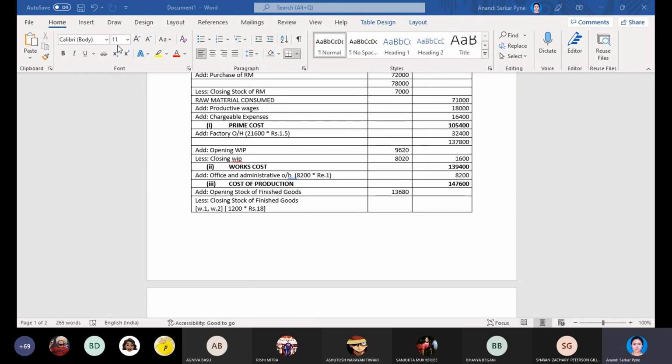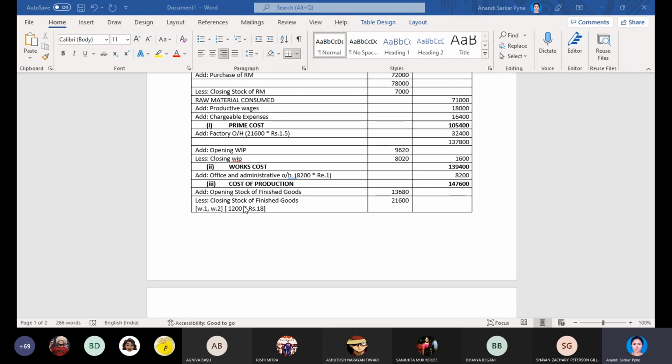1200 multiplied by 18, 21600. That is a negative figure. 13680. That means they have not sold, rather they have more.